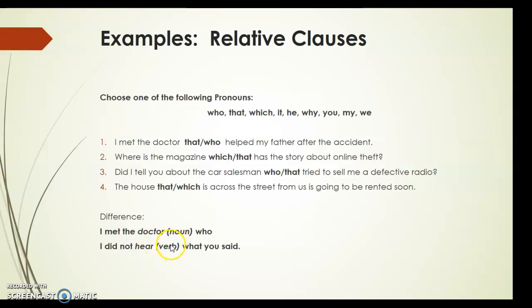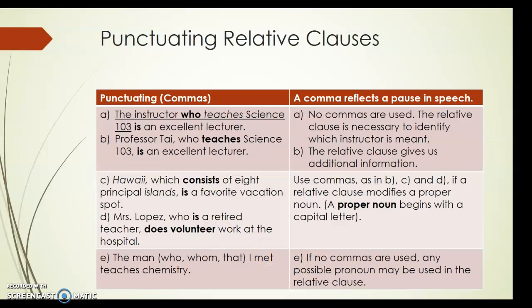Hear is a verb. We use what you said. So what are you referring to here? You're referring to the verb in this sentence. And in this sentence, you're referring to the noun. Who? I met the doctor who.